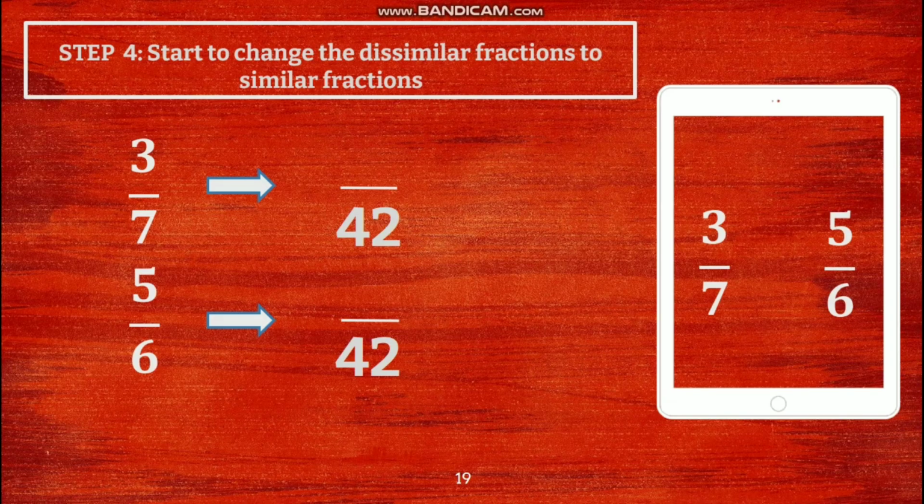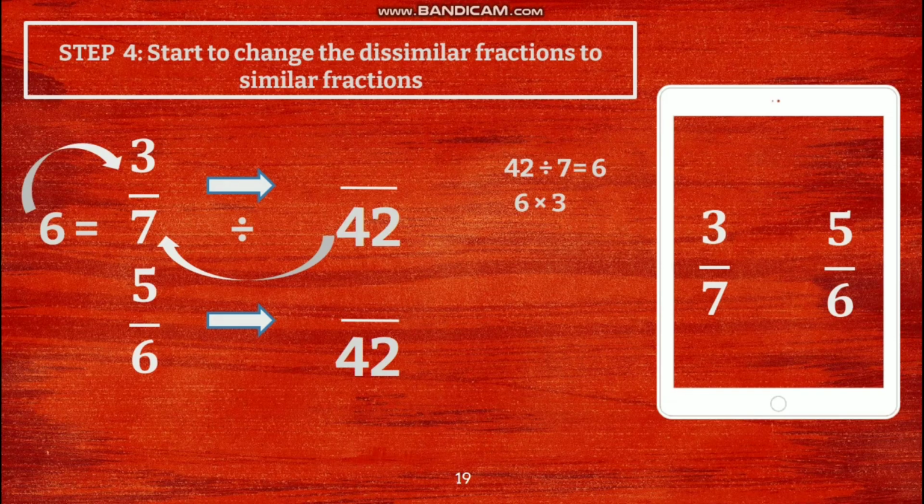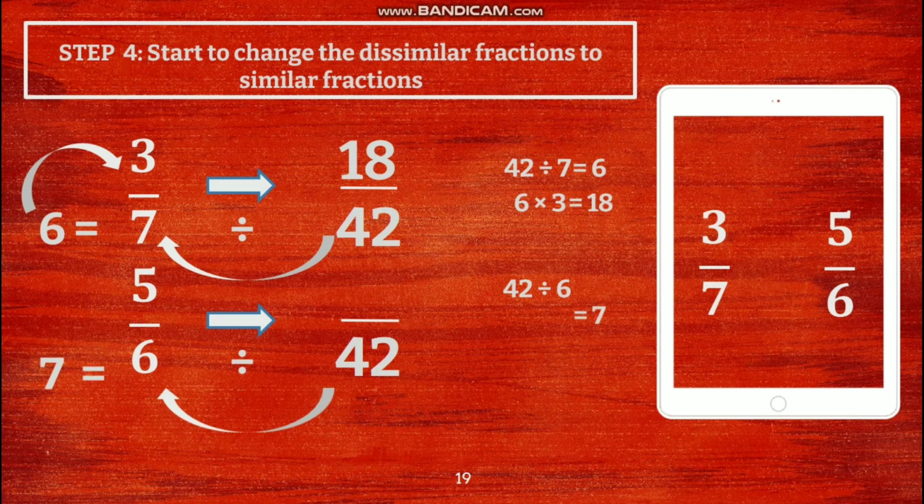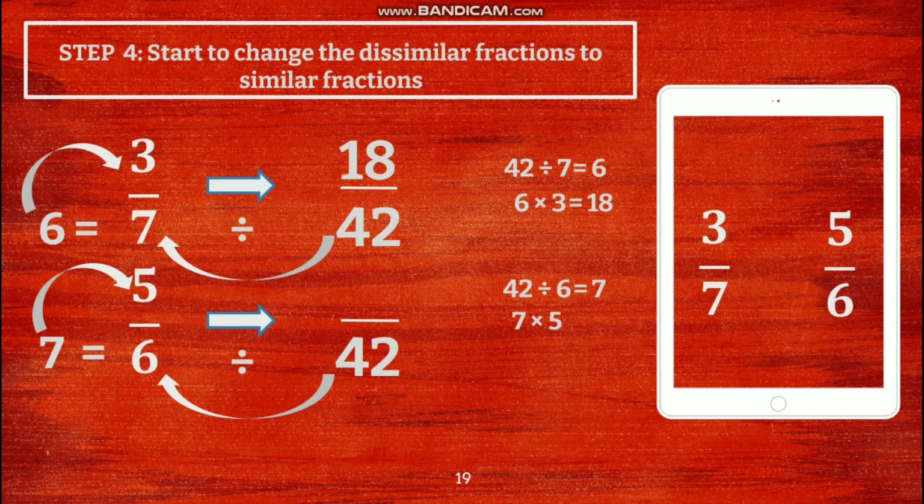Let's start from the top fraction. 42 divided by 7 is equal to 6. Then multiply it to the numerator 3. 6 times 3 is 18, and that will be the numerator. Then in 5/6, 42 divided by 6 is 7. Then multiply it to the numerator 5. 7 times 5 is equal to 35.